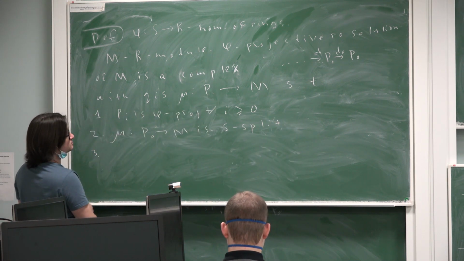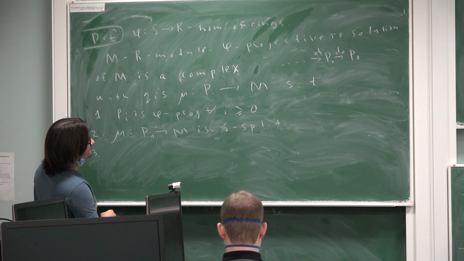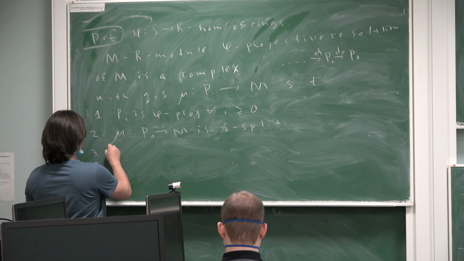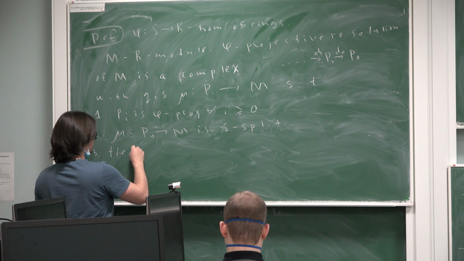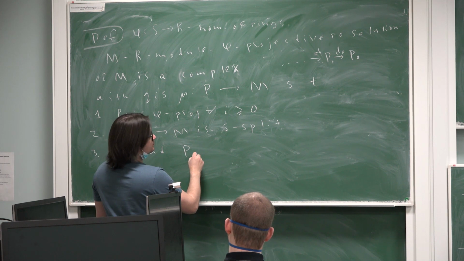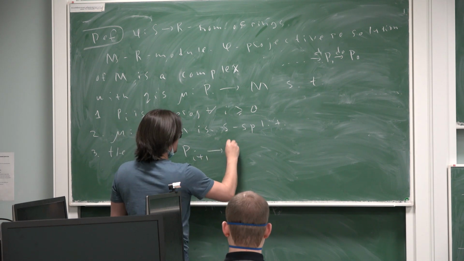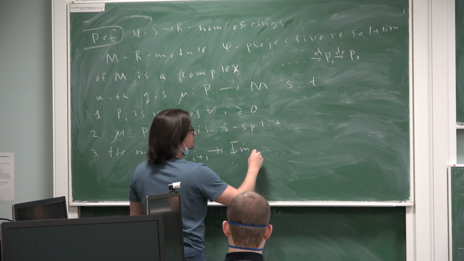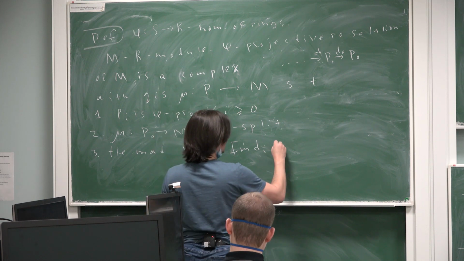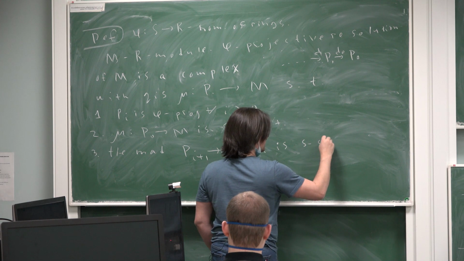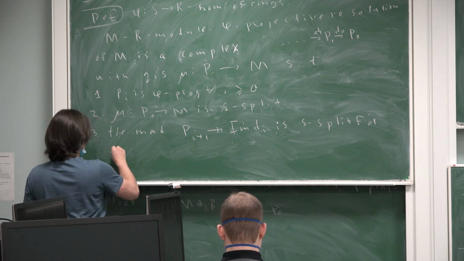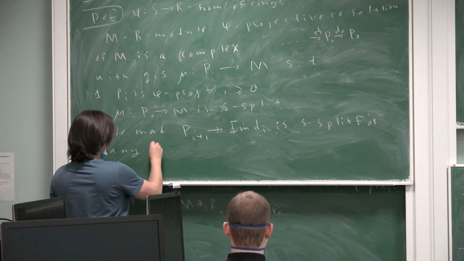and like the map from P I plus 1 to the image of di is a split for any I more equal to 0.